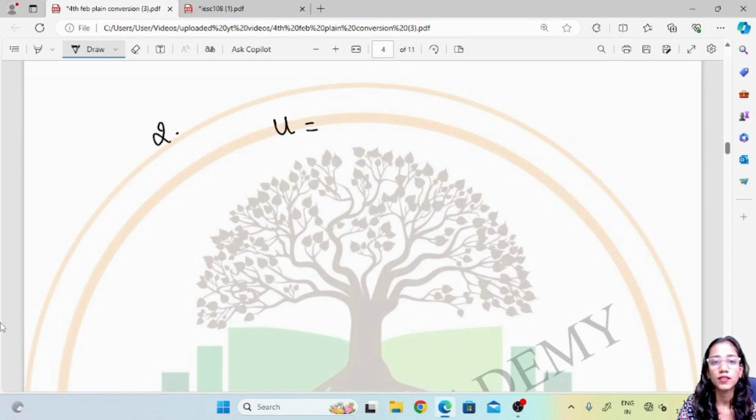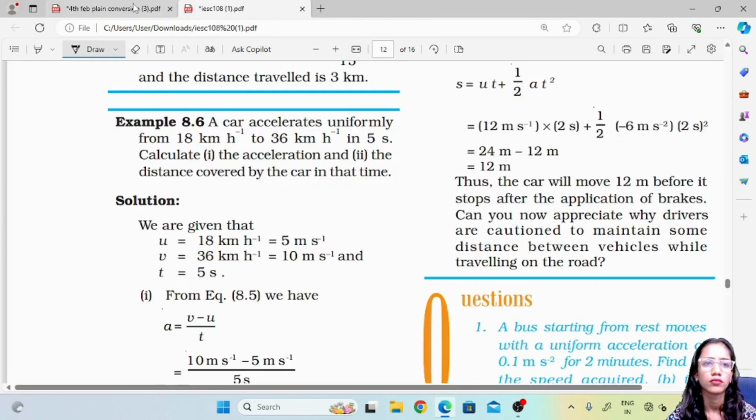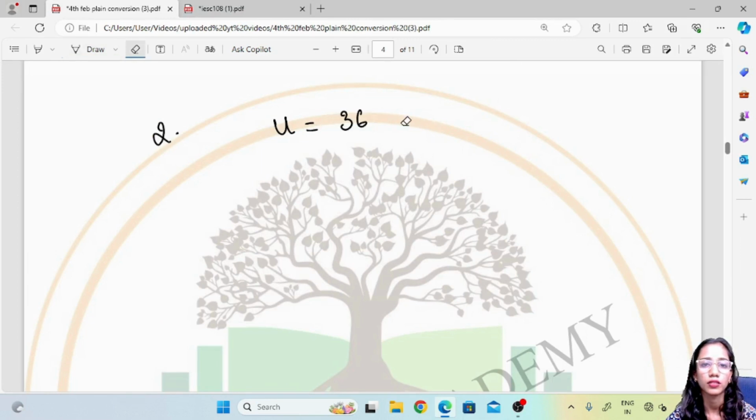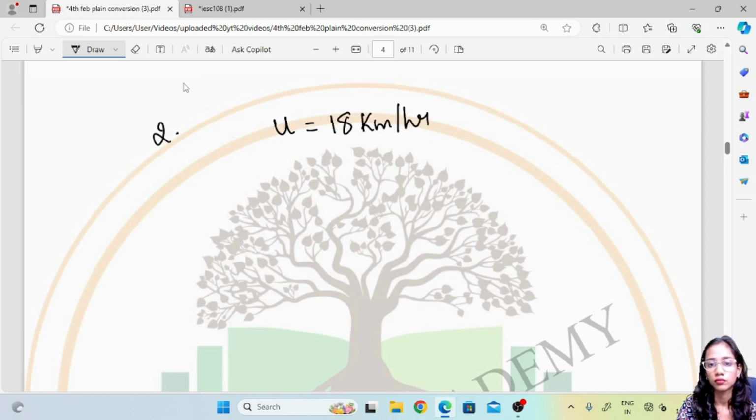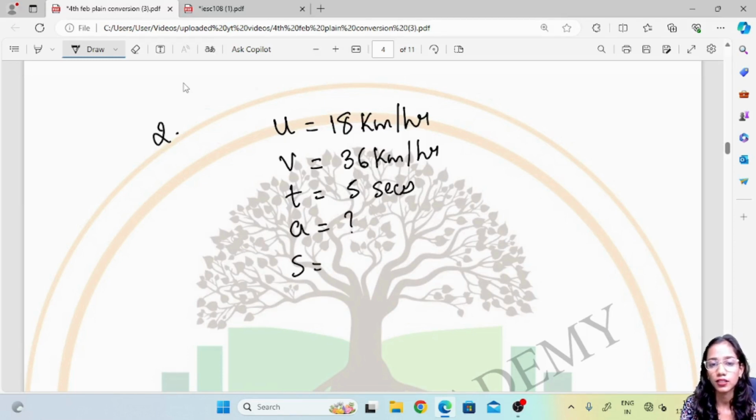Initial velocity is given as 18 kilometers per hour. Final velocity is given as 36 km per hour. Time is given as 5 seconds. What we have to find is the acceleration and the distance.